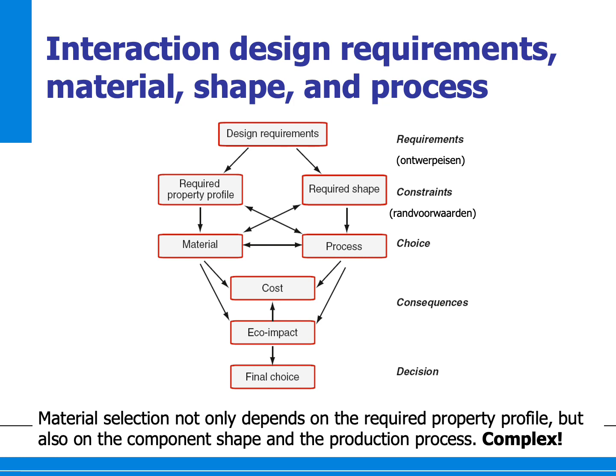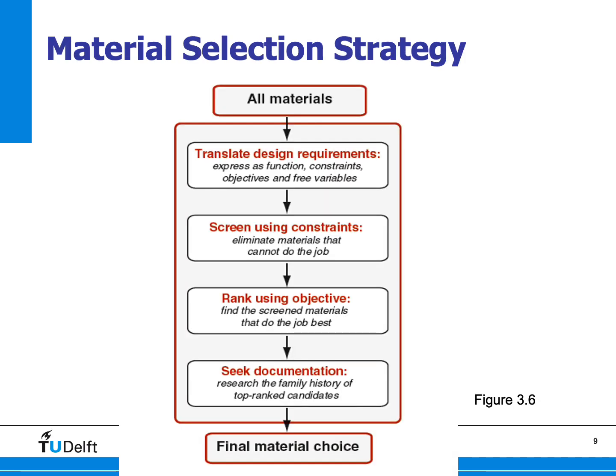So, in summary, the material selection does not just depend on the required property profile, but also on the component shape and the production process. It's a complex process. This presentation focuses on the material selection strategy, so without the selection of the production method, just the material selection strategy.